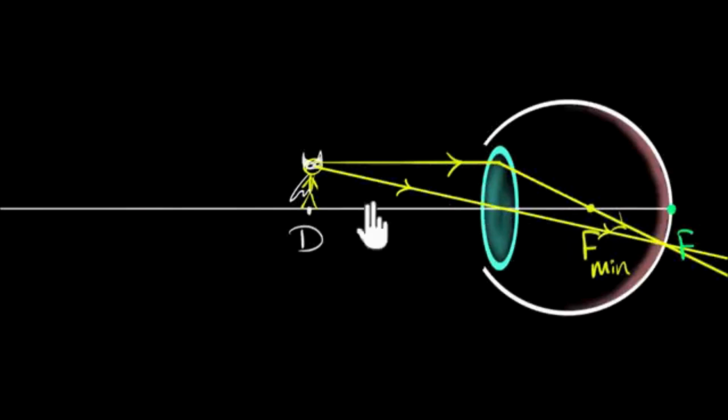It can take a range of these focal lengths. This, by the way, will be the maximum focal length. And because of this, it will ensure that the rays of light will always focus onto the retina. If you need more clarity on this, it would be a great idea to go back, watch that video, and then come back over here.